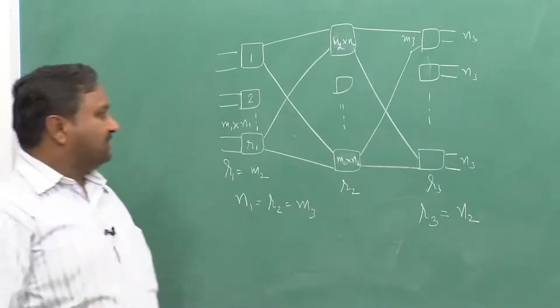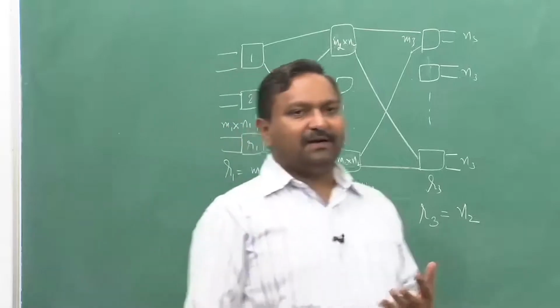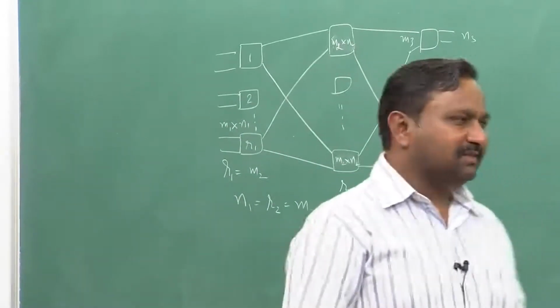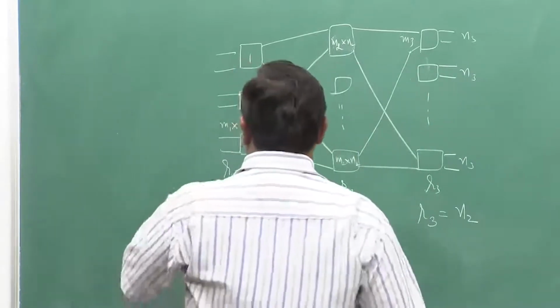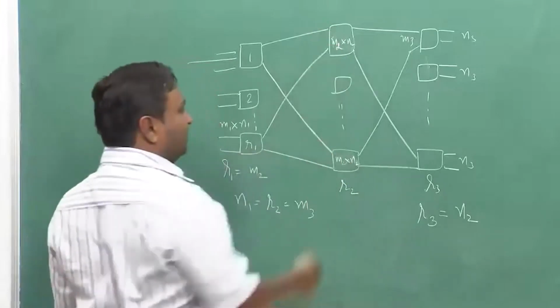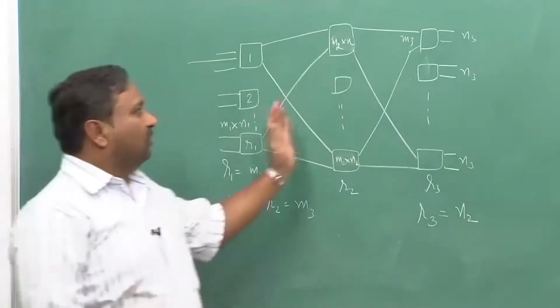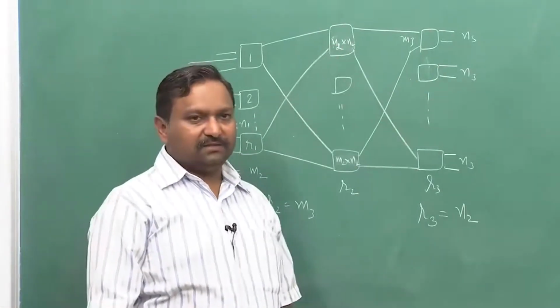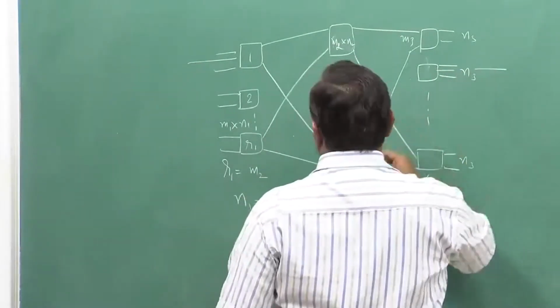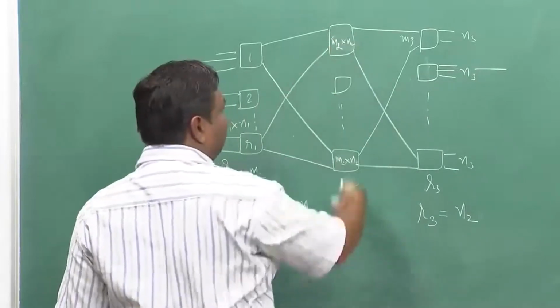Now, the question is, when I explained the condition for strictly non-blocking nature of a switch, I said there is one free port here which can connect to any one of these middle stage switches for onward making the connections.